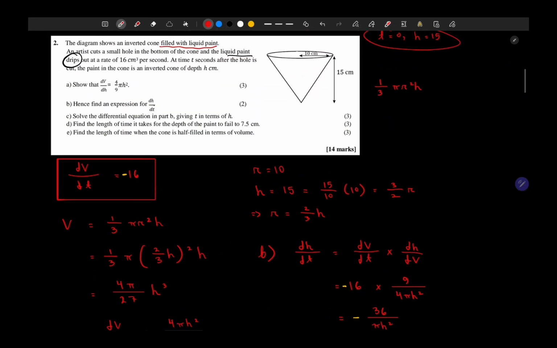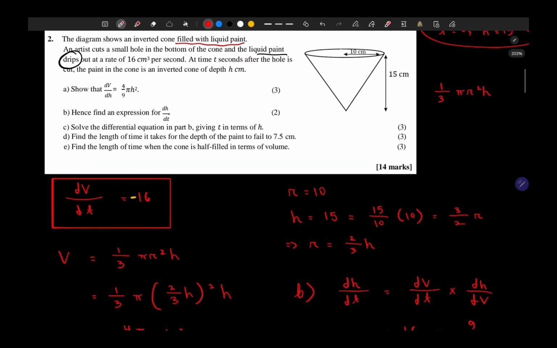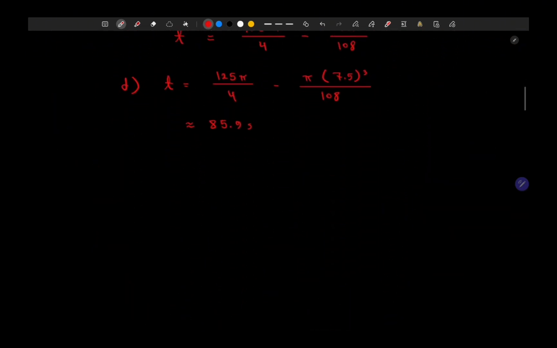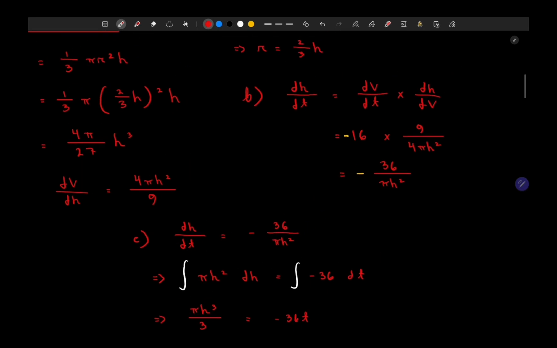Now moving on to the next part. Find the length of time when the cone is half filled in terms of volume. So in terms of volume, we first need to find out the initial volume. So when the volume is full, I think we have an equation for volume.